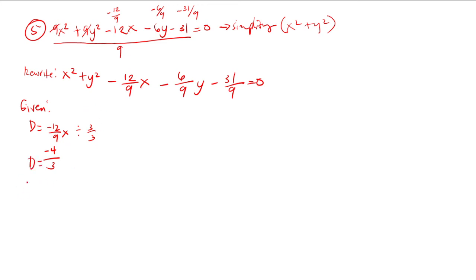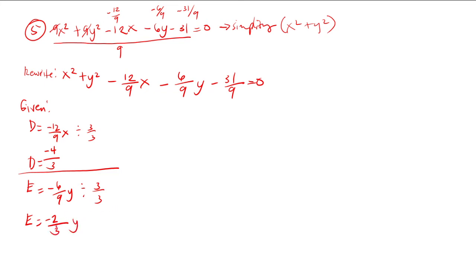Okay? Next, yung ating e naman. E is equal to negative 6 over 9y. So, divide both sides by 3 again para ma-simplify. E now is equal to negative 6 divided by 3, negative 2. 9 divided by 3 is 3.